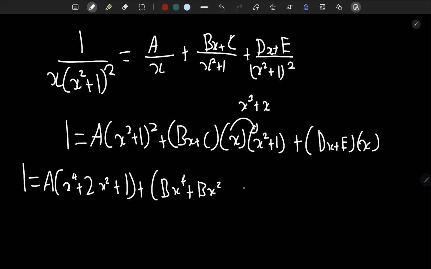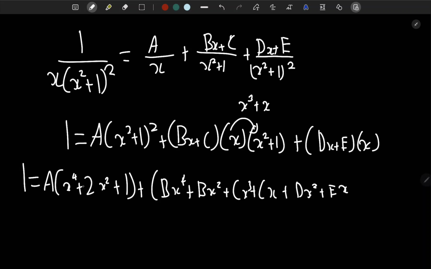Now moving on, did we forget? Oh yeah, I forgot about C. So now we need to do C times this part, so it's going to be plus C into x cubed plus Cx. Now moving on, this will just be Dx squared plus Ex.